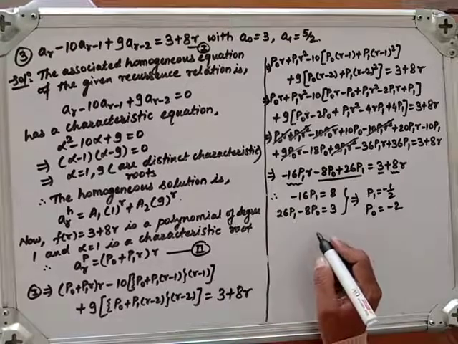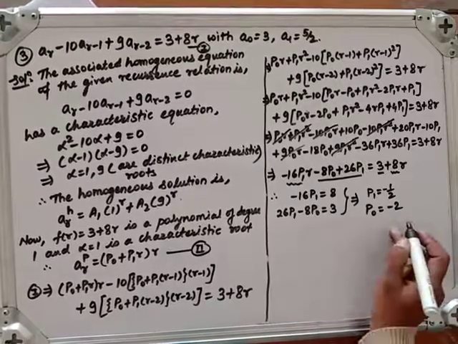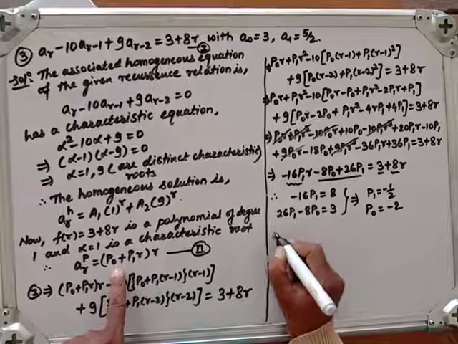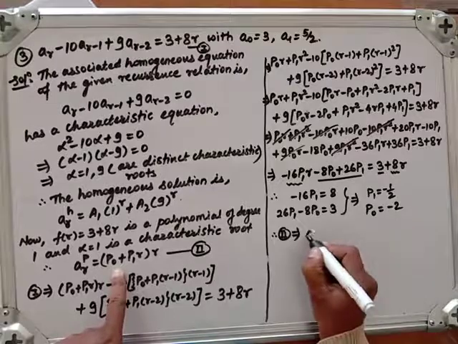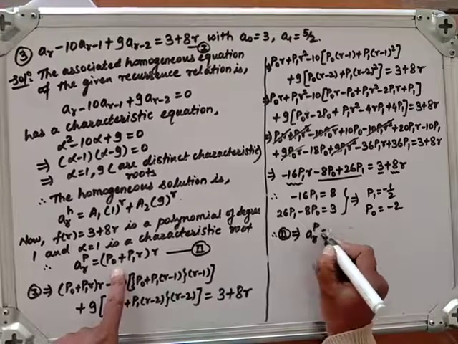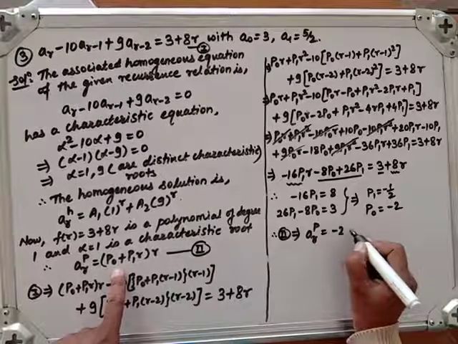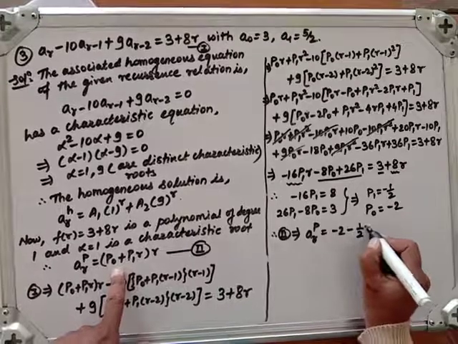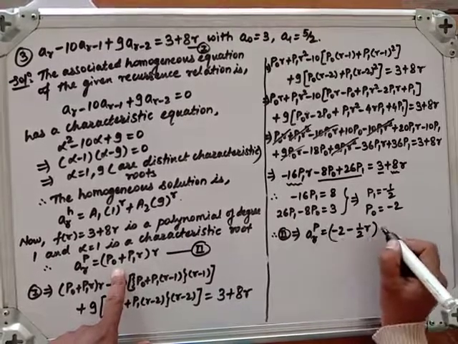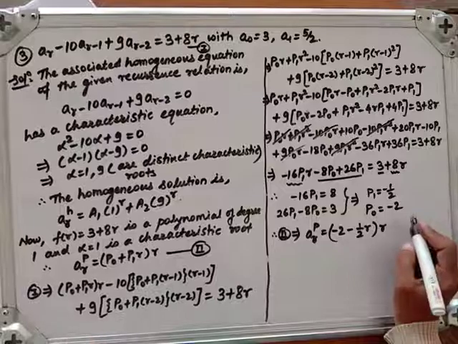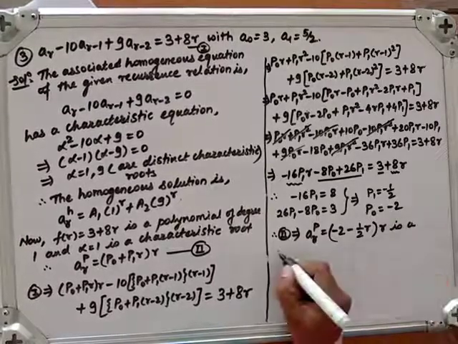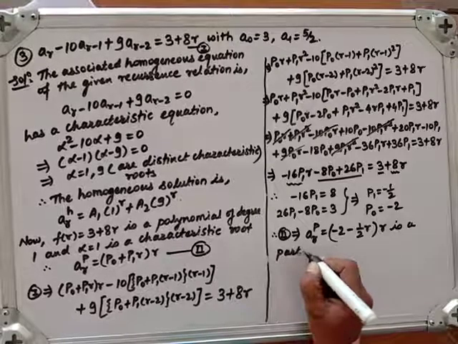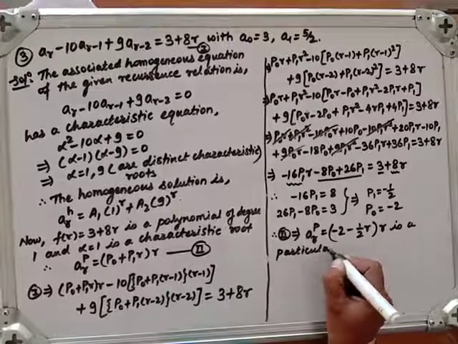Now use this in the particular solution. Therefore 2 implies a_r particular is equal to minus 2 minus half r into r, is a particular solution.